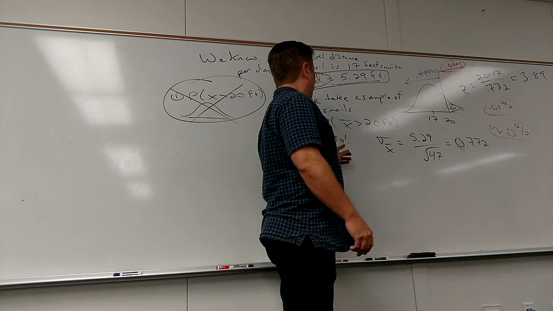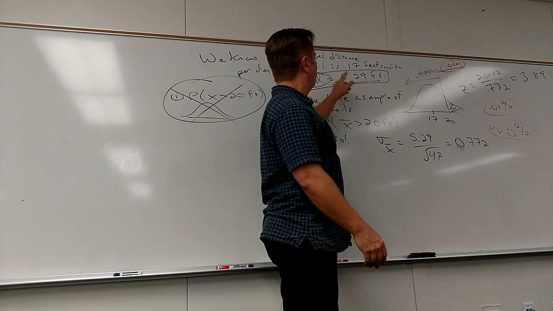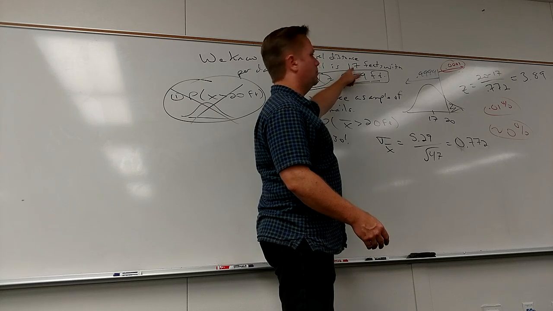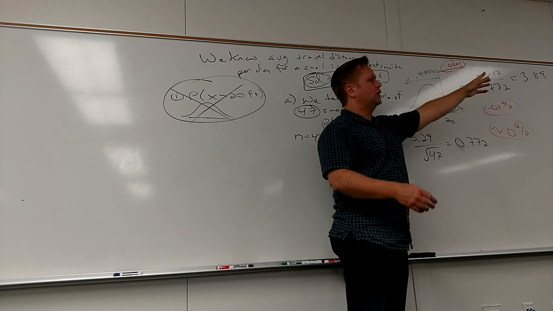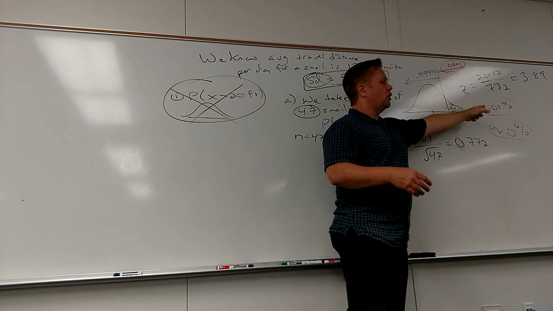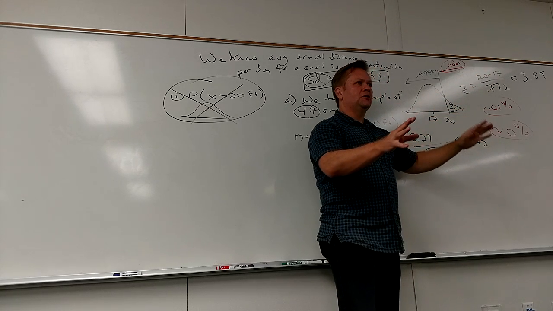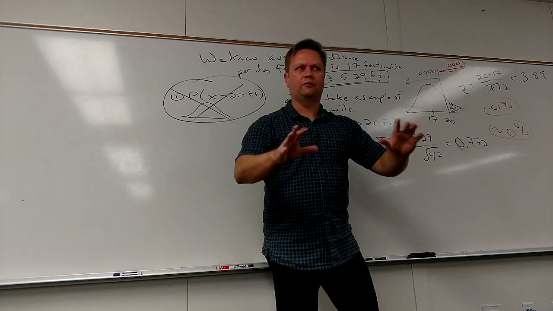So basically, if this is true, the probability that a group of 47 snails travels more than 20 feet on average is almost impossible. This is going to be a really weird example for this, but I don't care.